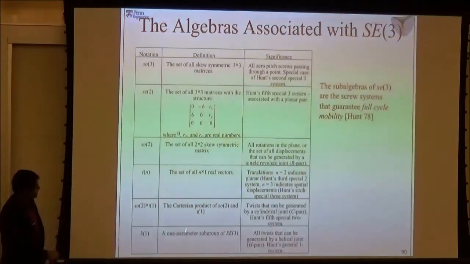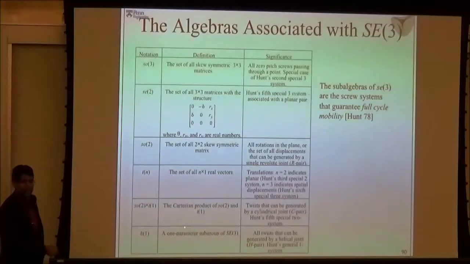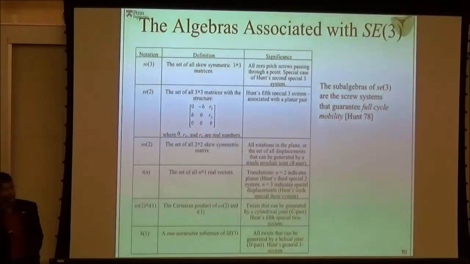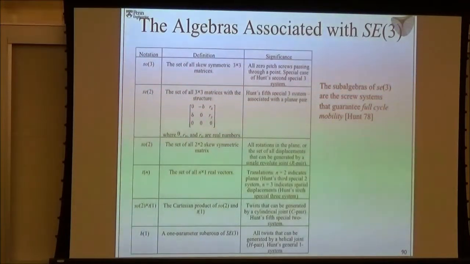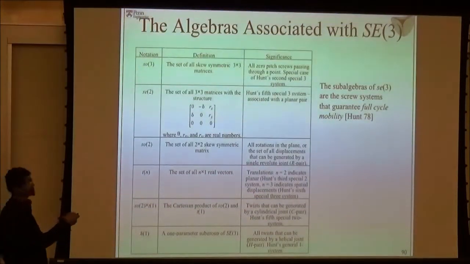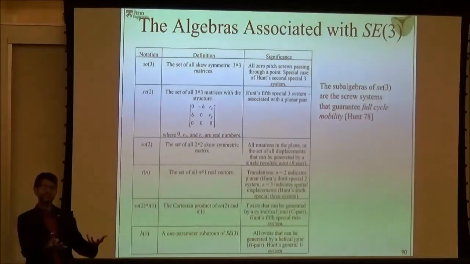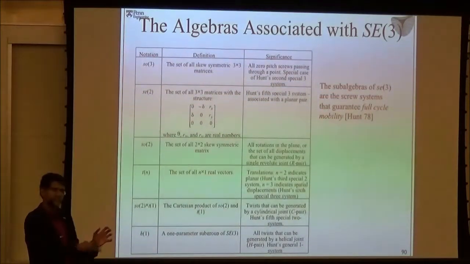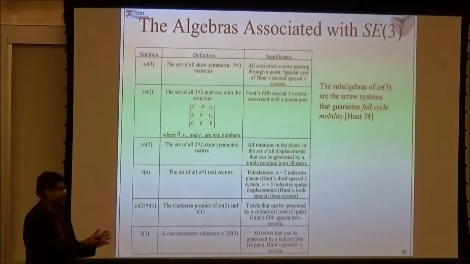This set of screw systems are also Lie subalgebras, which means if you were to look at the commutation, the bracket operation in the Lie algebra space in any one of these, the result will also be in that subspace.